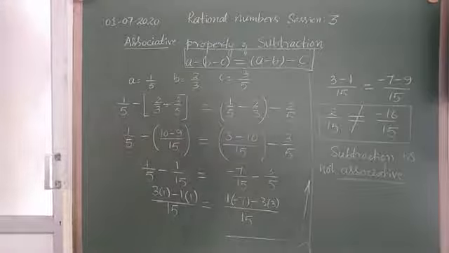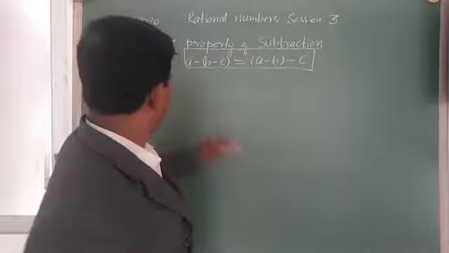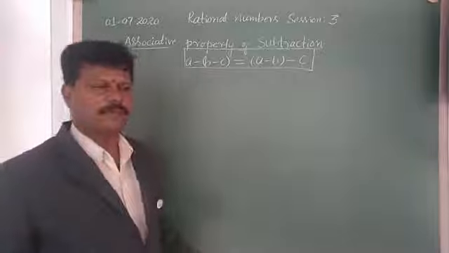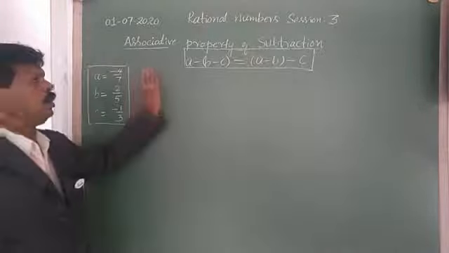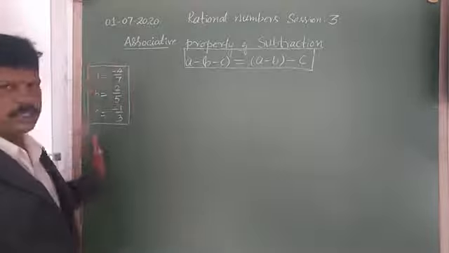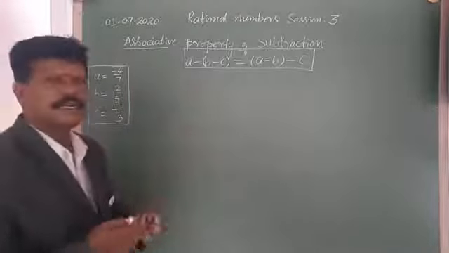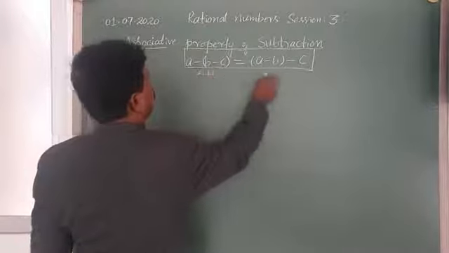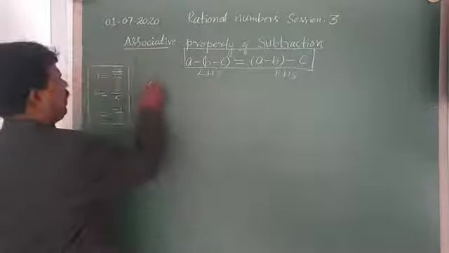Clear? Now I have taken negative rational numbers. I am going to check whether the associative property of subtraction holds good or not. I am doing one with negative rational numbers also. Clear? Now here I am doing this in a different way. I have taken this as LHS and this as RHS. So first take LHS.